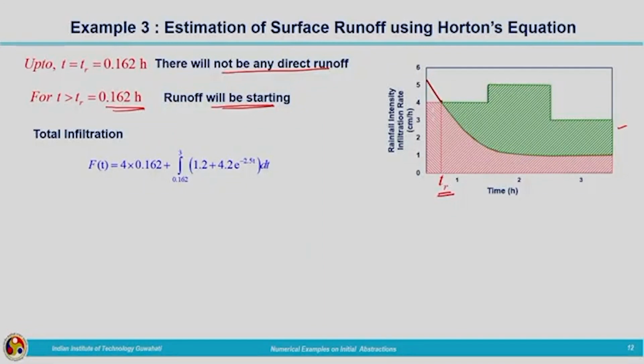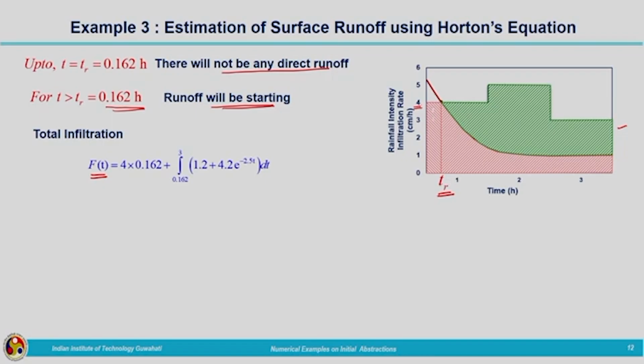So, we need to quantify the total volume of water or total depth of water which is infiltrated. That is nothing but our cumulative infiltration. So, total infiltration is represented by capital F of T. We know corresponding to TR, the rainfall intensity is 4 centimeters per hour.